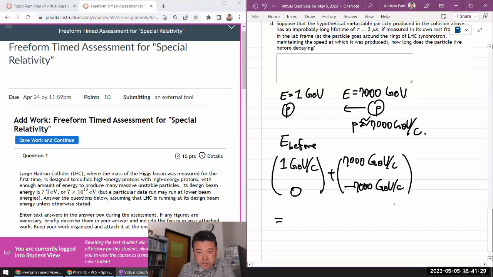Then the total is 7,001 GeV per c, minus 7,000 GeV per c.